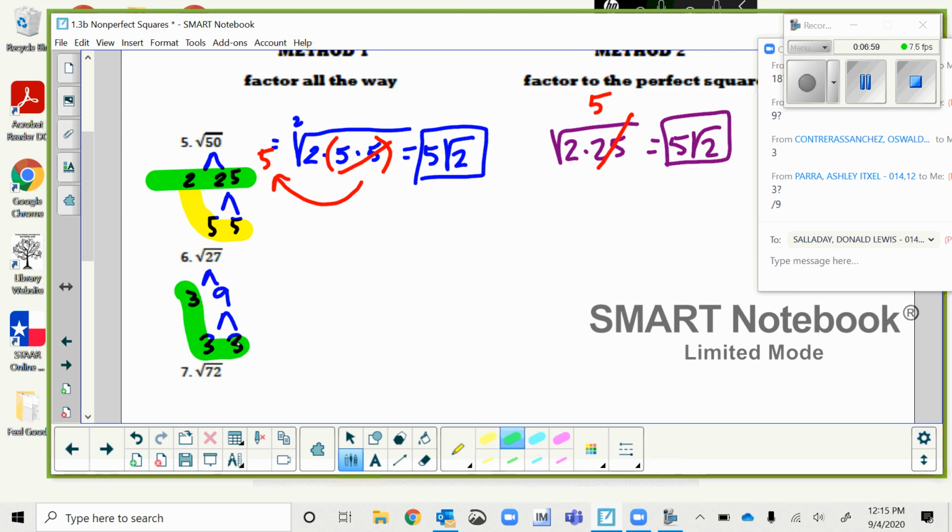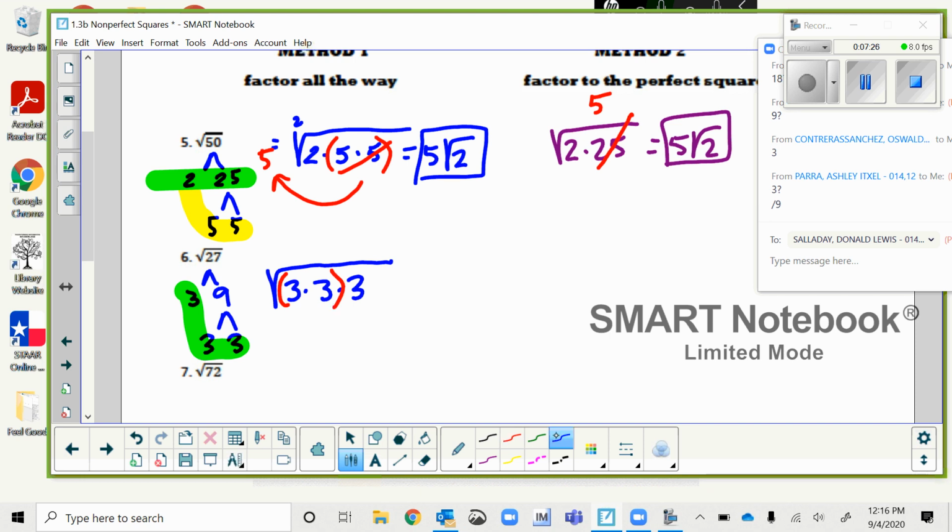So I'm going to use those to rewrite it like this. So 27 can be rewritten as the square root of 3 times 3 times 3. And the square root is the opposite of squared. And squared means I have 2 things. So I'm looking for a pair of the same stuff.